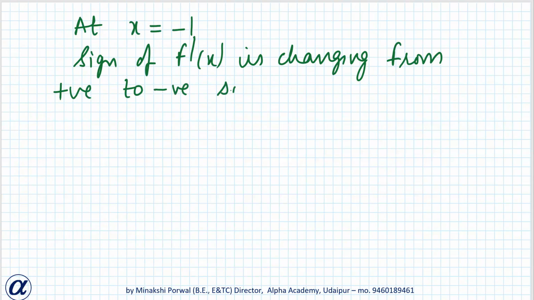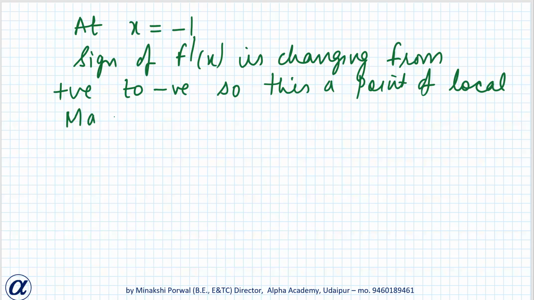So this is a point of local maximum. We have to only find the point of local maxima. We don't have to find the value. We don't have to find the maximum value of the function, only the point. So this way we'll write.